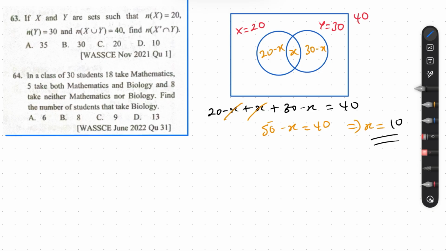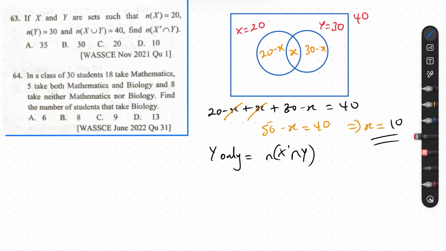Now, since we know x to be 10, we can easily find what we are looking for. The number of x complement intersection y is the same as y only.